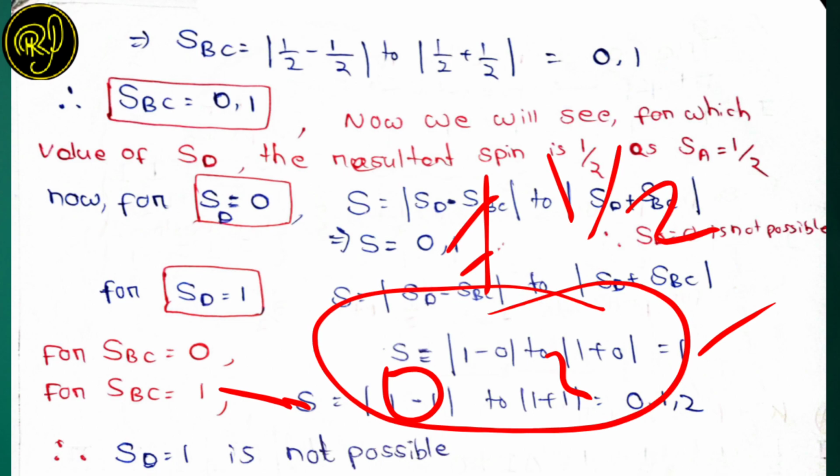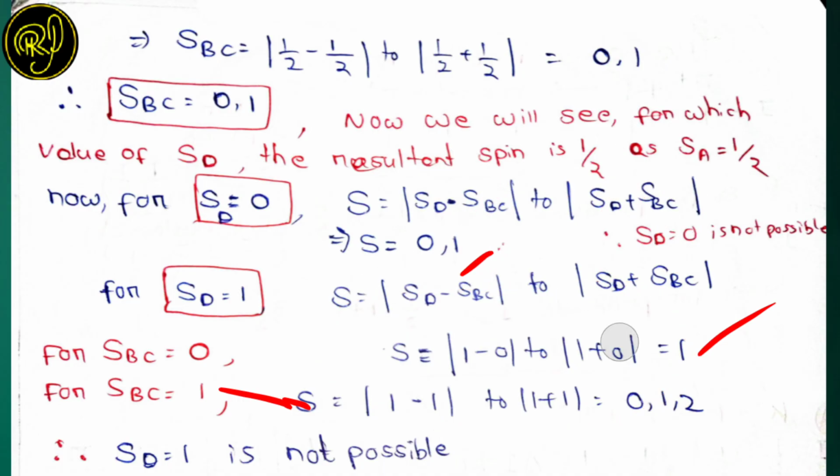When you combine SD equal to 1 with SBC equal to 0 or 1, then you are not getting a half value. But since we have to check the options, we will also try other values. It is confirmed that SD value 0 and SD value 1 are not possible.